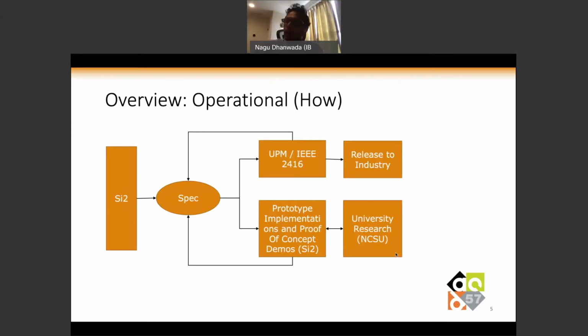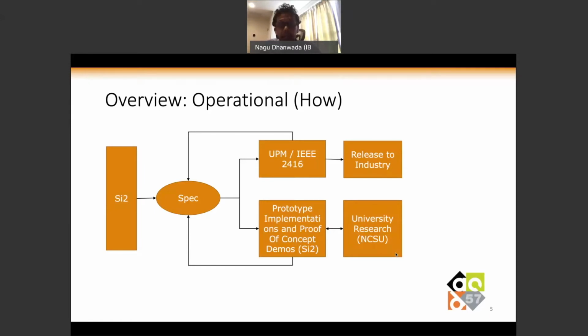So moving on, in terms of how we went about it, just to give an overview of the operational aspects of this whole work, we are taking an approach of developing a standard which stands a good chance for industry adoption, through how we structure the work. So the core technology comes in from member companies. In this case, some of the core technologies came in from IBM. And within SI2, we work on taking this contribution and making it acceptable for general industry consumption.